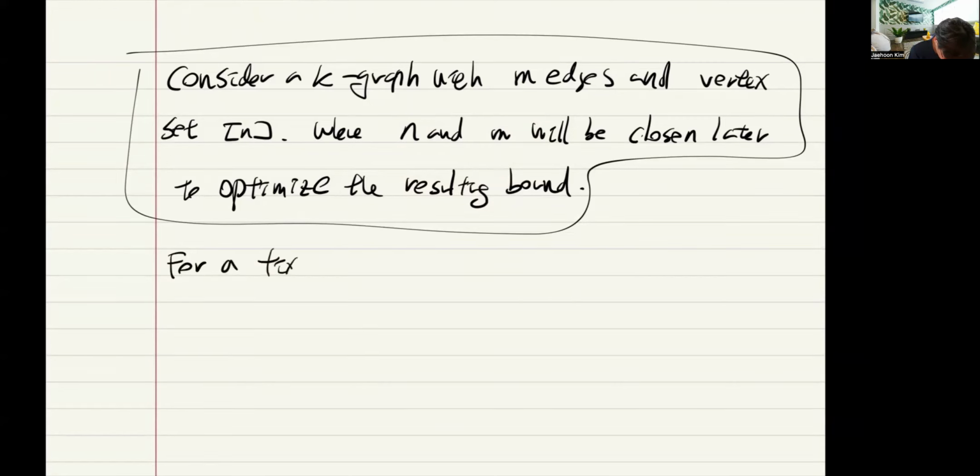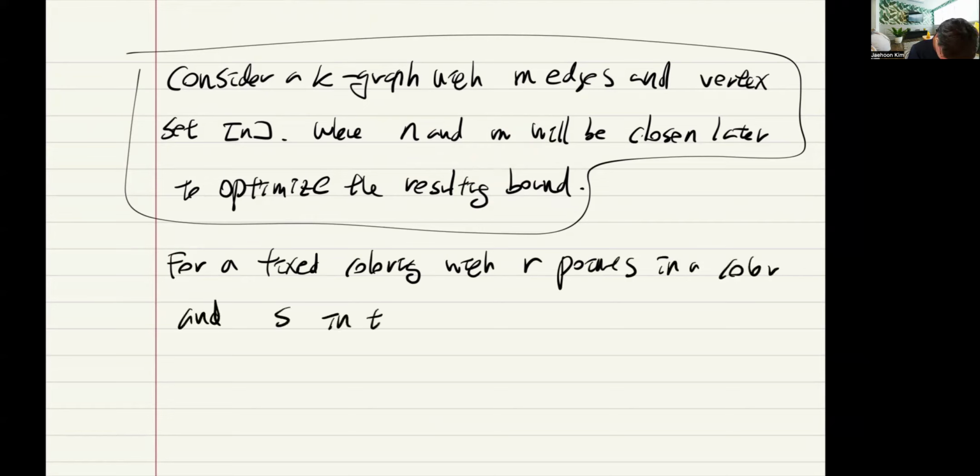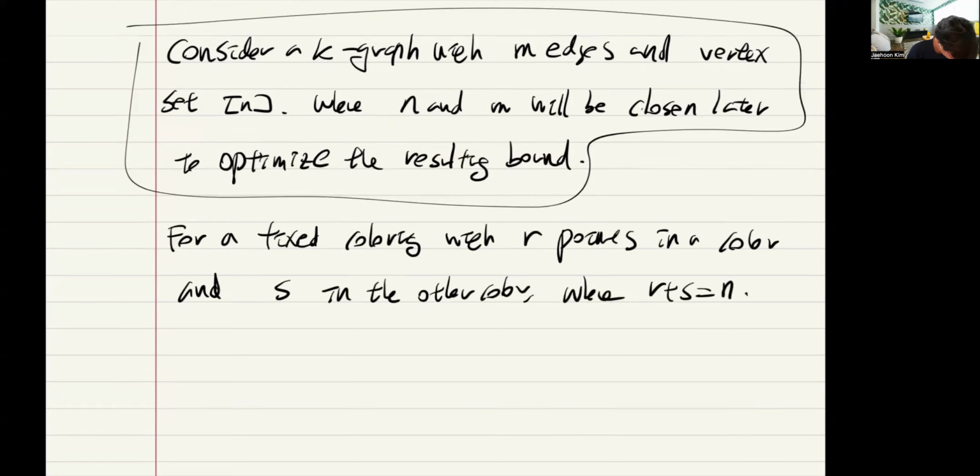And for a fixed coloring, we say r points are in one color, red, and s in the other color, where r plus s is n.